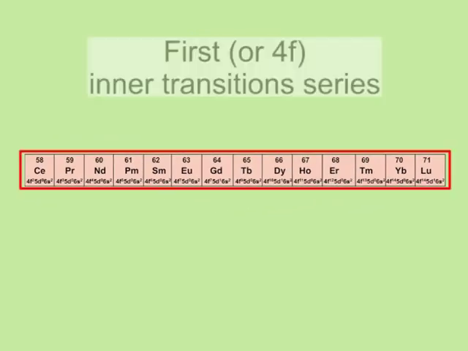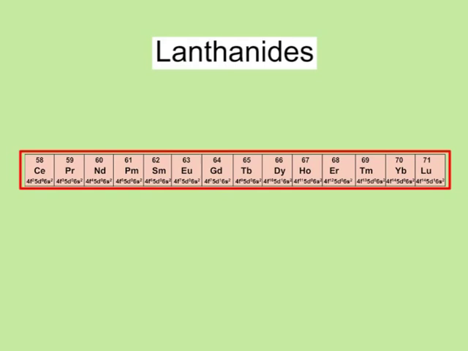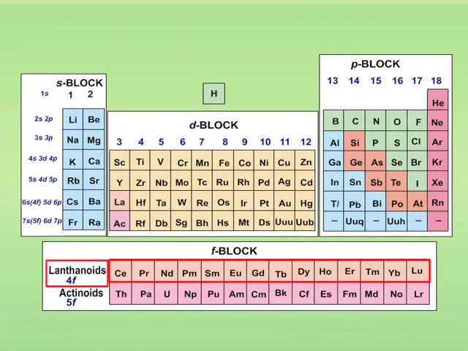These 14 elements constitute the first or 4f inner transition series, called lanthanides. These are separated from the main frame of the periodic table and are placed at the bottom of the periodic table.